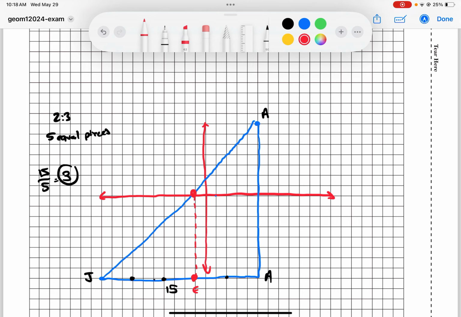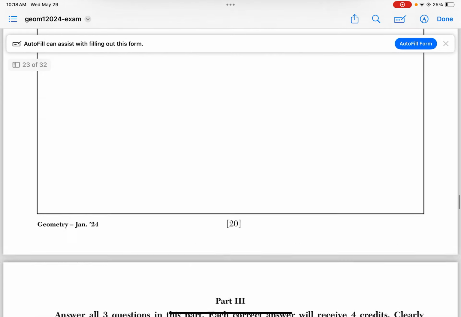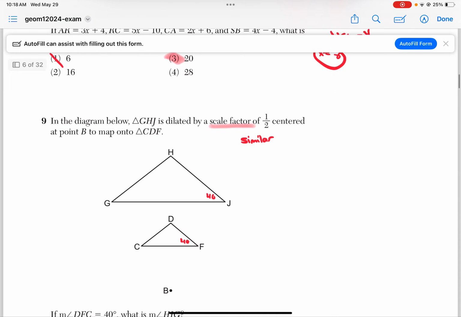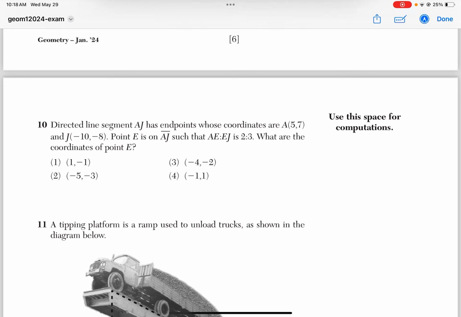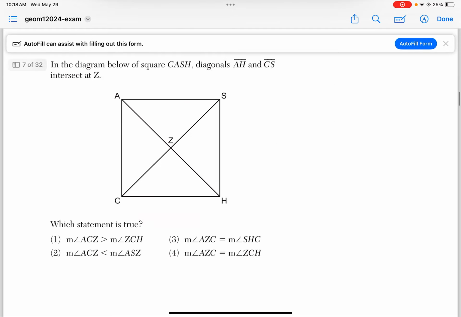draw a vertical line. Point E must go there, and it's at -1, 0. Or -1, 1. What did I do?